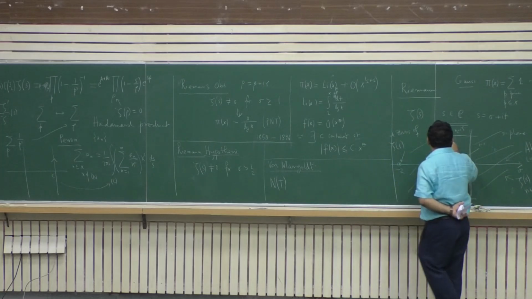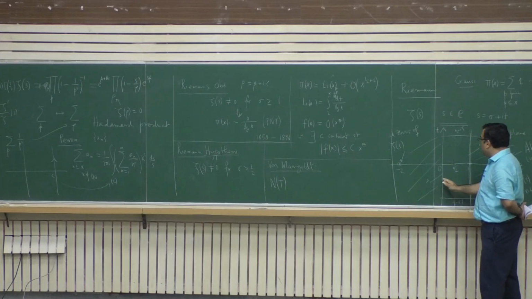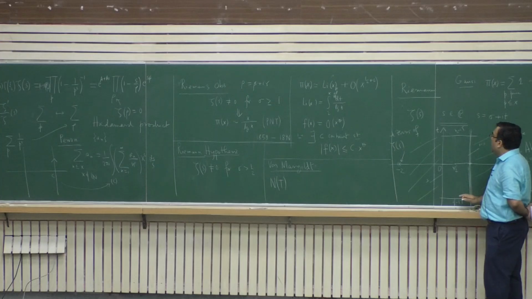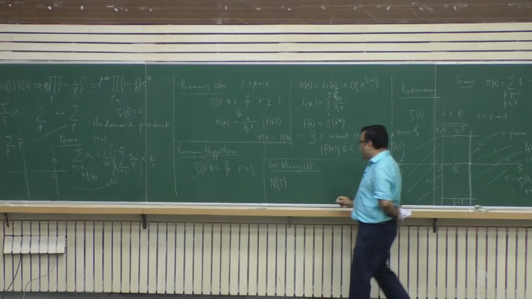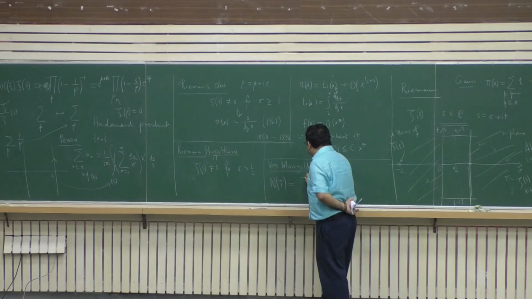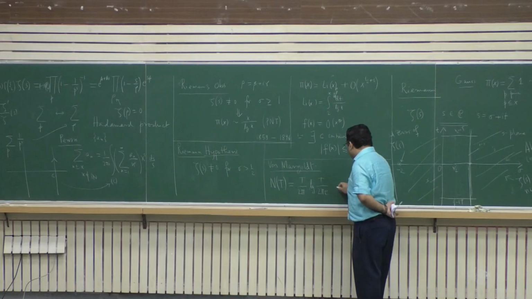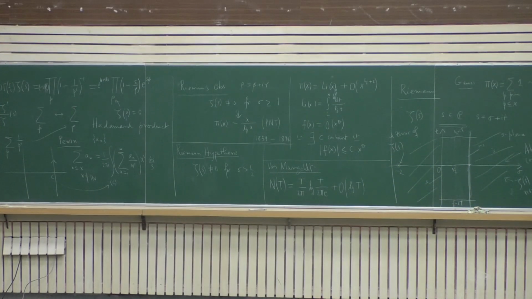So N(T) is the number of zeros you're counting with the real part between 0 and 1 and the imaginary part between minus T and T, where T is going towards infinity. Right? So you want to eventually count this, and one can show that this is T by 2 pi log of T by 2 pi, almost, with an error of big O of log T. So they are exactly that many.